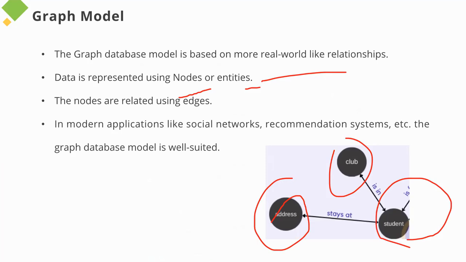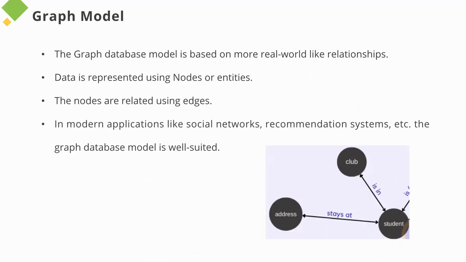Student stays at this address, stays at is the relationship here. This is an edge. Relationships are called edges. Nodes are connected with the edges. And then student is in the club, is in this particular club. This is a part of this graph model. Like we have different clubs.